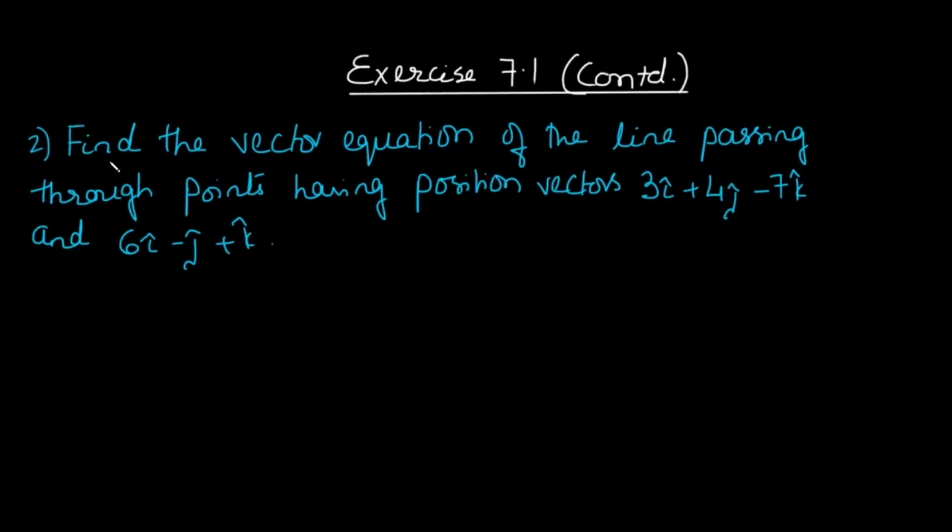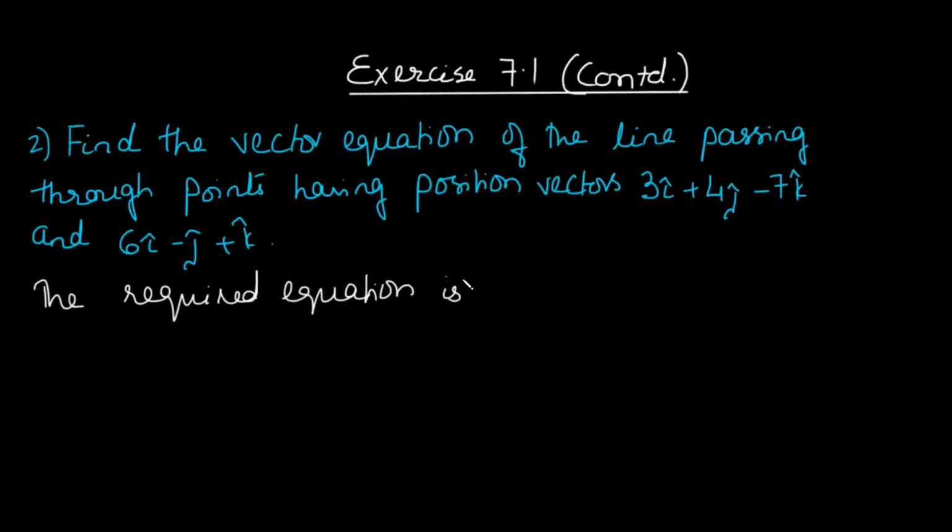Here the question is, find the vector equation of the line passing through points having position vectors 3i plus 4j minus 7k and 6i minus j plus k. So the line passes through 2 points and therefore the equation of this line can be given this way. You have to find the vector equation.